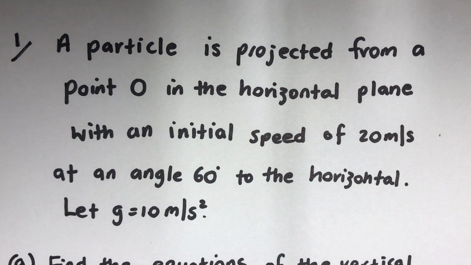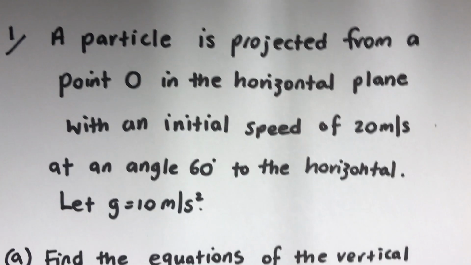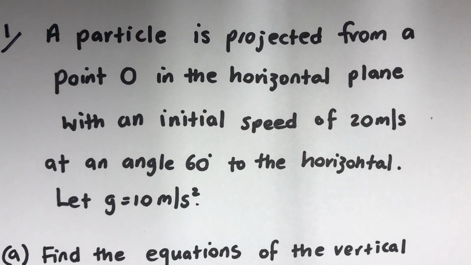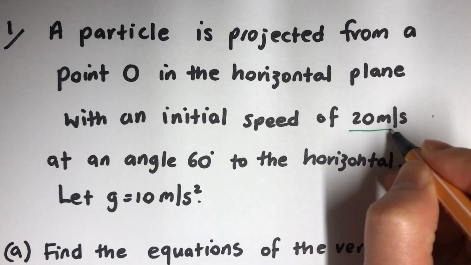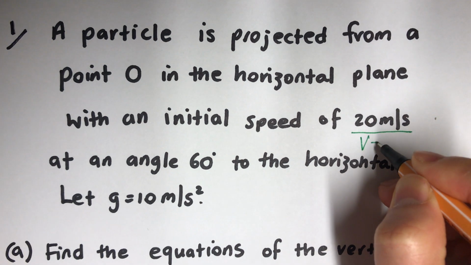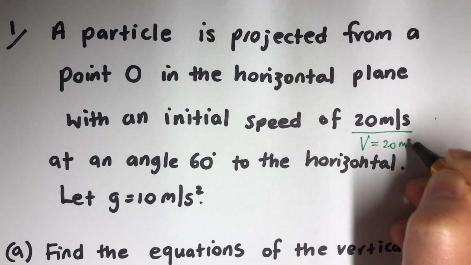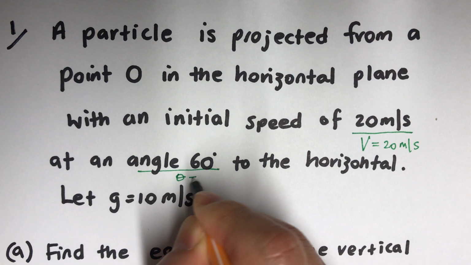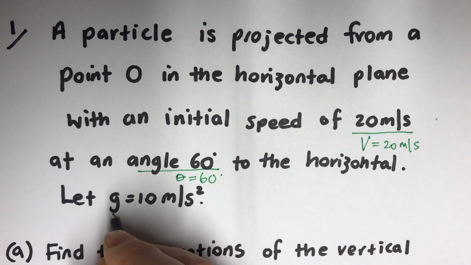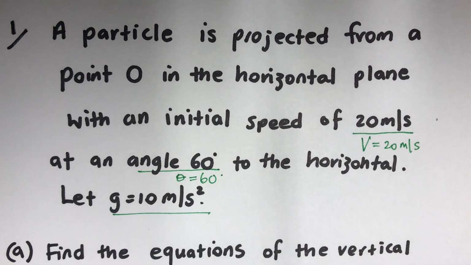Let g, the gravity, equal 10 meters per second squared. Now I'm just going to underline all this important information. That's my capital V equals 20 meters per second, that's my theta equals 60, and that's my gravity.